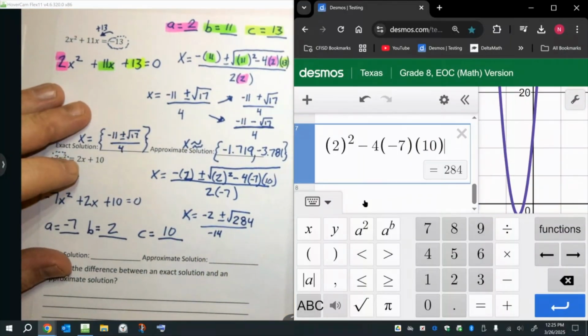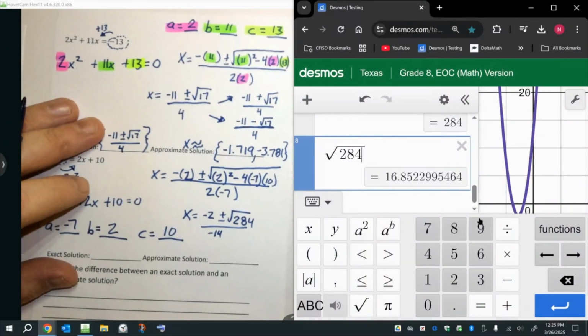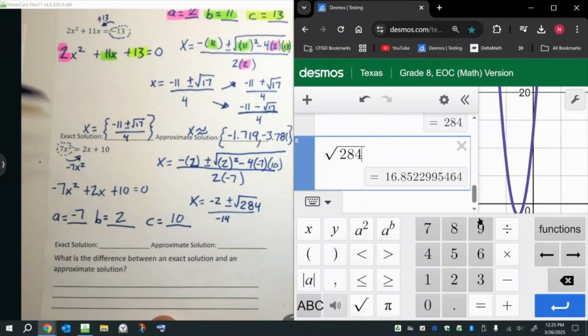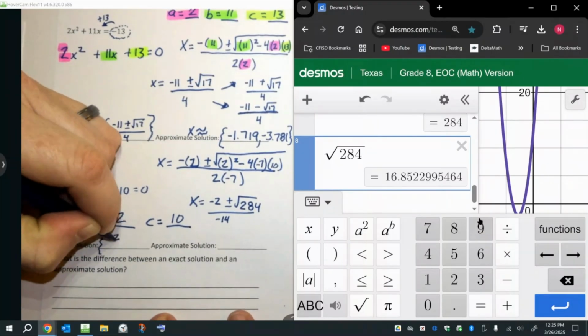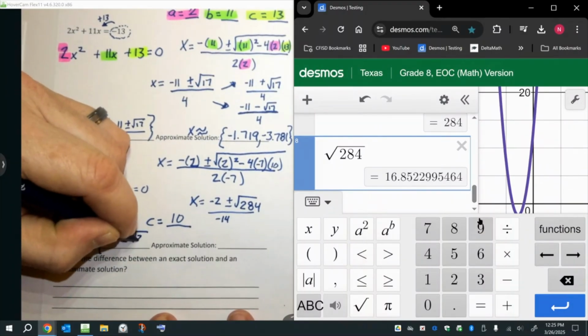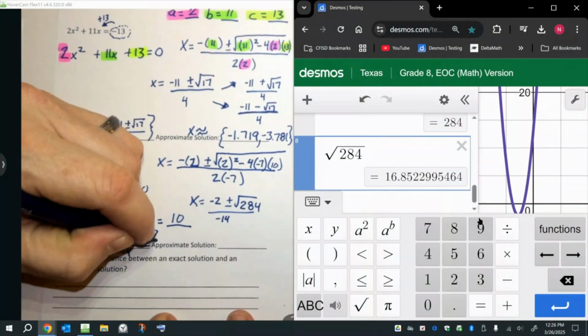So, what is the square root of 284? Something ugly. So, we're going to leave it. This is my exact solution. It is going to read negative 2 plus or minus the square root of 284 all over negative 14.